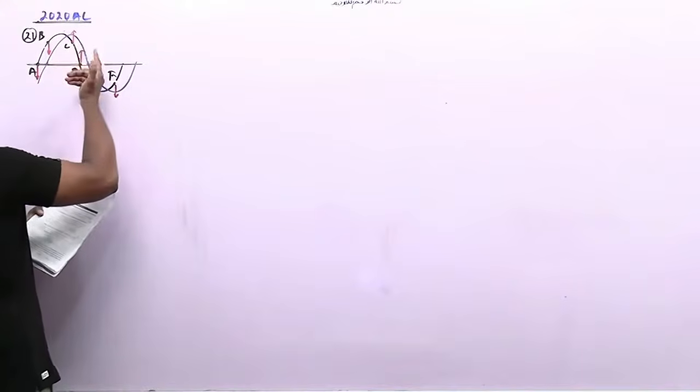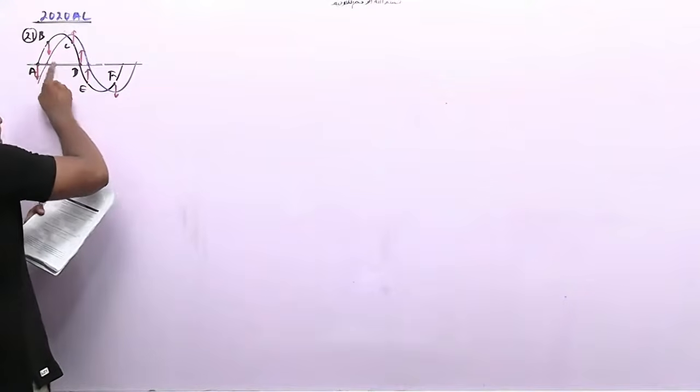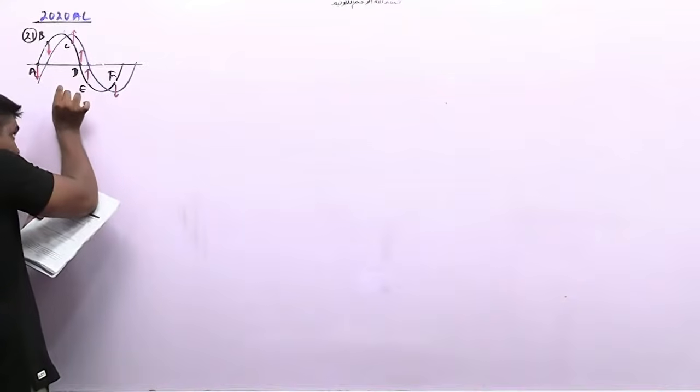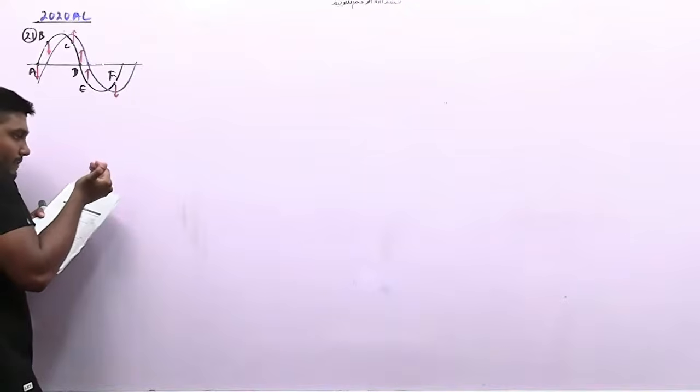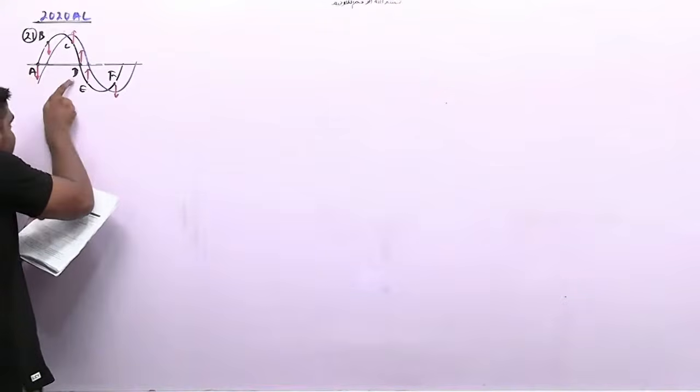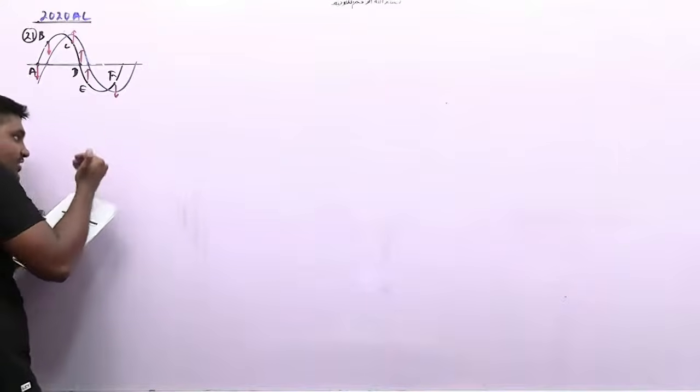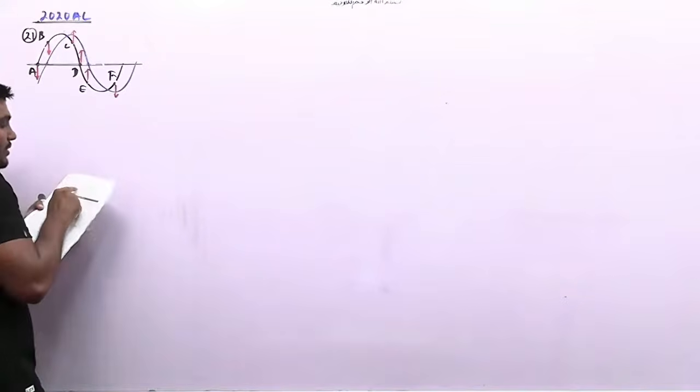Therefore, option 2 can't be. If both have the same velocity, both should have the same direction. But A and D have velocities in opposite directions. Therefore, the second option can't be.